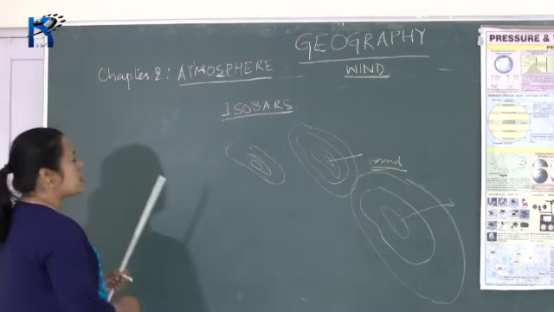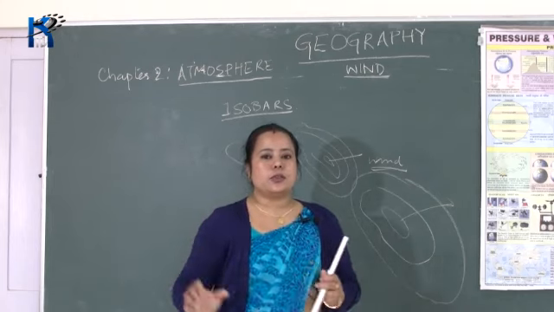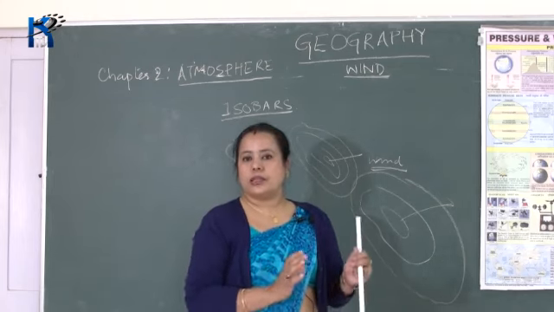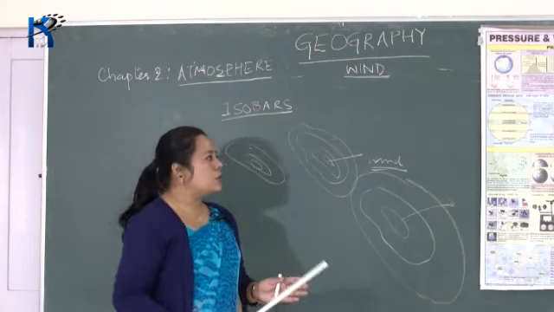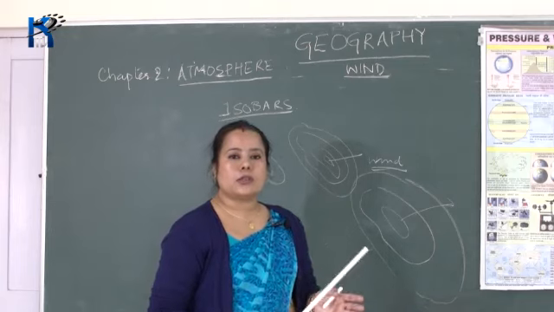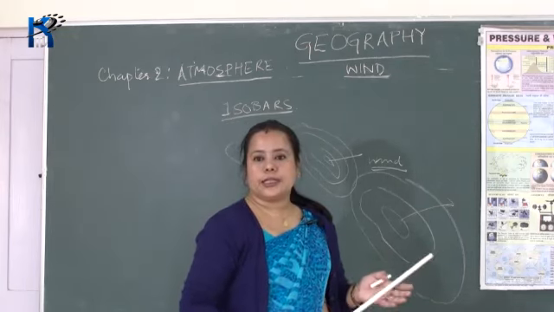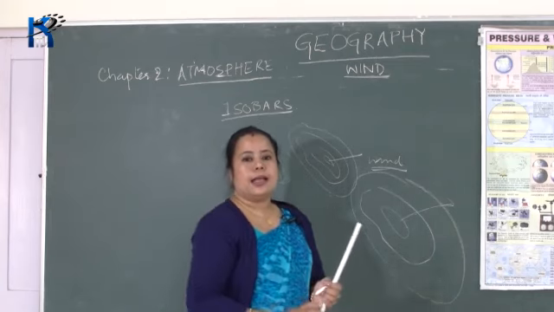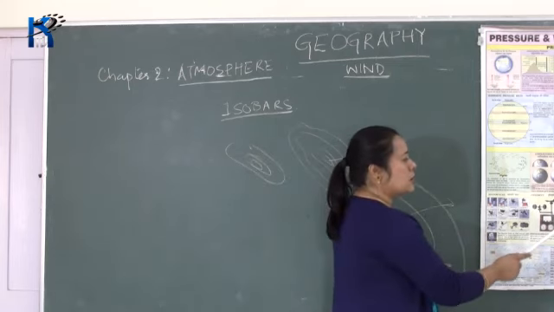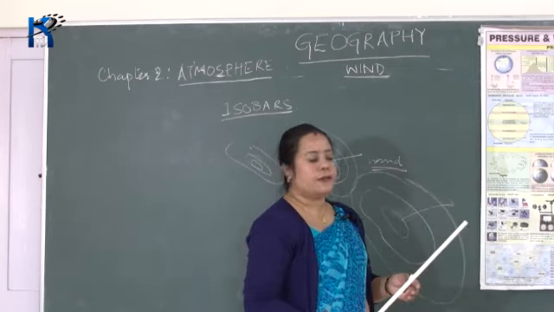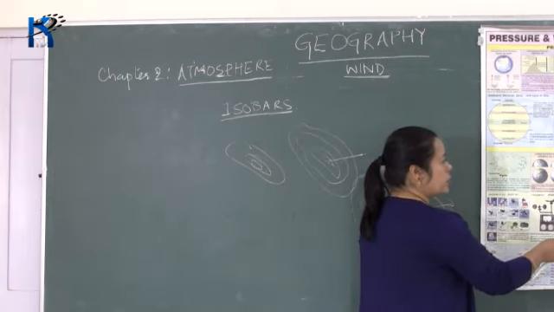So today we will start with the topic wind. Wind is nothing but the horizontal movement of air. Air in motion is called wind. And why does air move? The cause for the formation of wind is the unequal heating of land and water, or unequal heating of different places, which results in differences in pressure, like low pressure and high pressure.